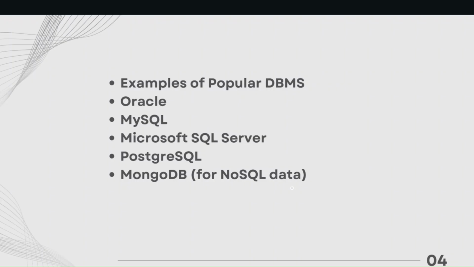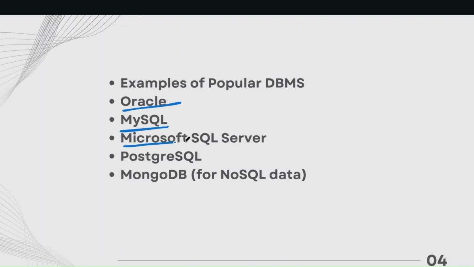Microsoft SQL Server, widely used in Windows-based environments, especially in corporate settings. PostgreSQL, an advanced open source DBMS known for its compliance with standards and complex queries. MongoDB, a popular NoSQL database used for handling unstructured or semi-structured data, especially in modern web applications. Each of these systems serves different needs and scales depending on the complexity and size of data operations.